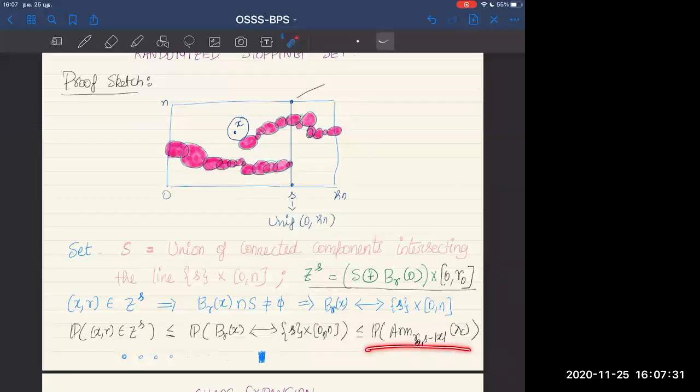So this is the arm probability for S minus X, but if you average over all possible X, you get the result we want. So this proof is much simpler. Once you have the idea of the original randomized algorithm, there is nothing new here. It's the same algorithm: choose this line.